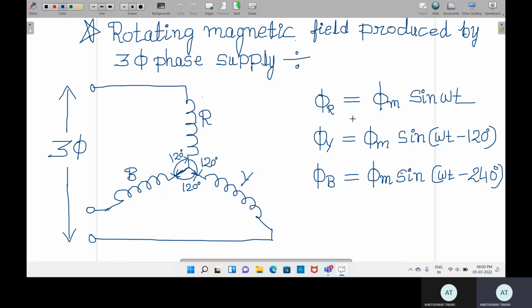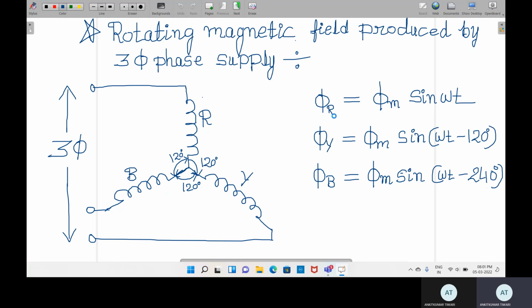This flux is 120 degrees apart from phi Y and phi B. Similarly, phi Y is also 120 degrees apart from phi R and phi B, and phi B is also 120 degrees apart from phi Y and phi R.